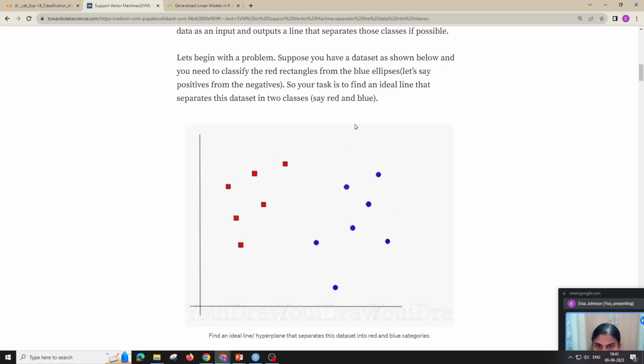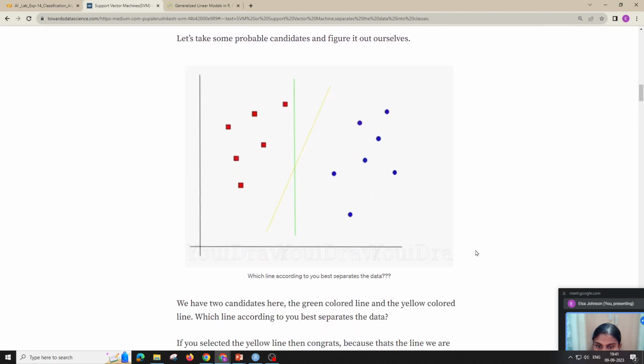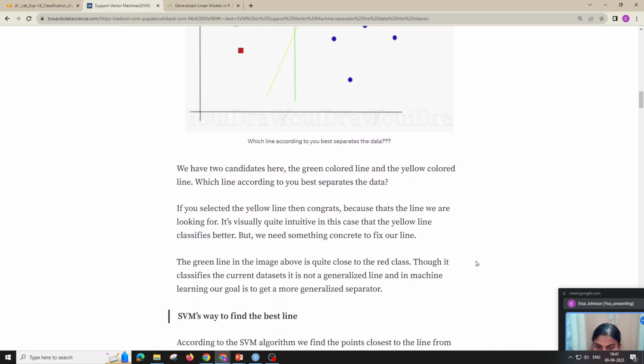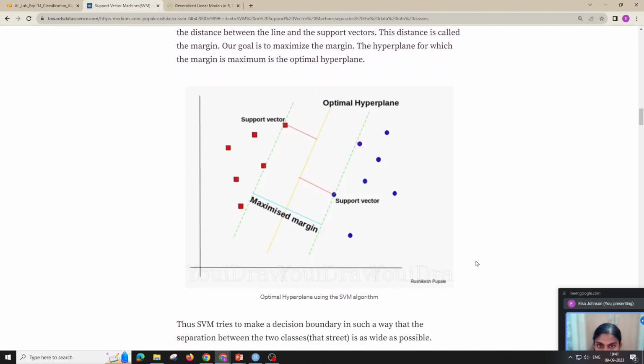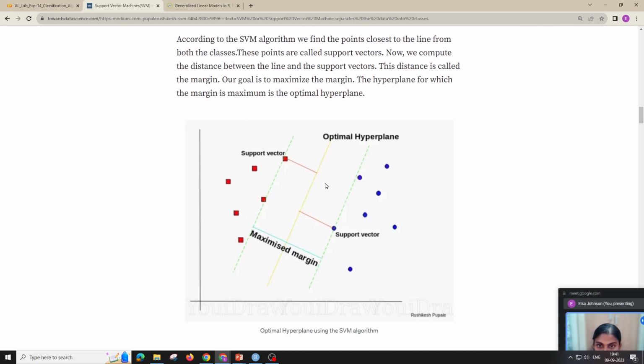Our intuition is to find an ideal line between these two sets of points, or a hyperplane, that separates this data set into red and blue categories. You can create many different hyperplanes like that which will separate the data. SVM looks for an optimal hyperplane.